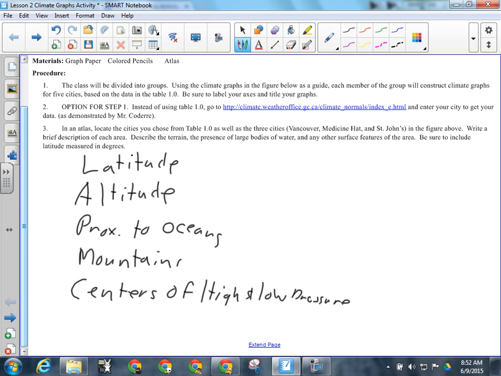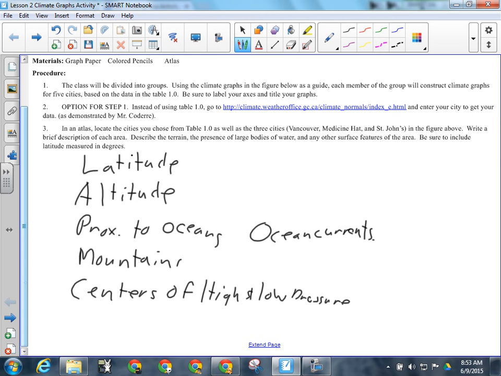We also had ocean currents being somewhat related to the proximity to oceans. Those are kind of the big ones. So what you need to think about when you're generating your hypothesis is which of those are going to be most applicable to Canadian cities in general.